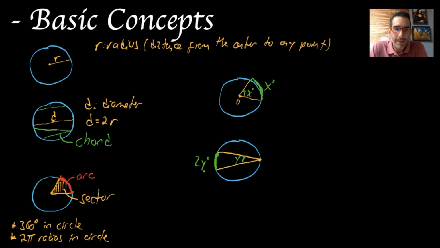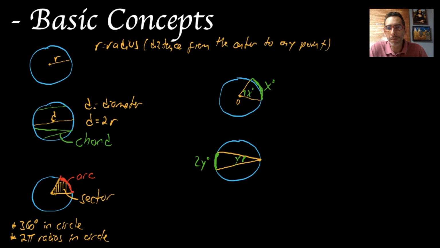So if the sector has its vertex on the circumference, the angle that the sector defines is y, and hence the arc defined by that sector will take the measure of double that angle. I hope that this is clear enough.